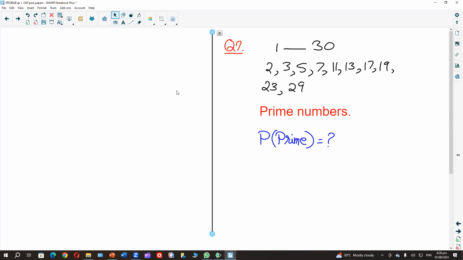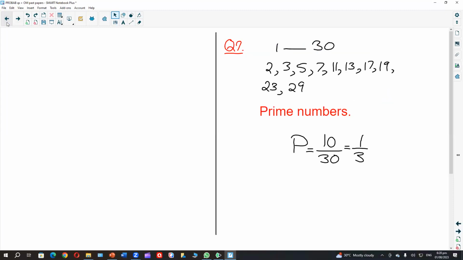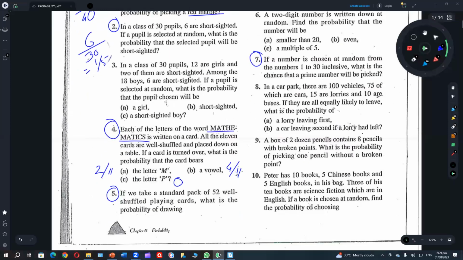Now solve number 7. 10 out of 30. Now see number 8. 15 out of 100.